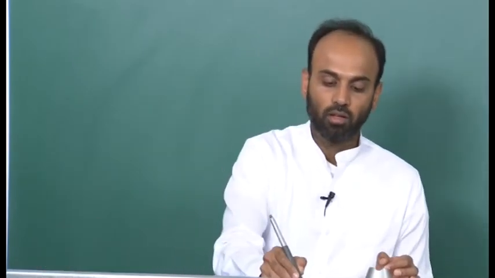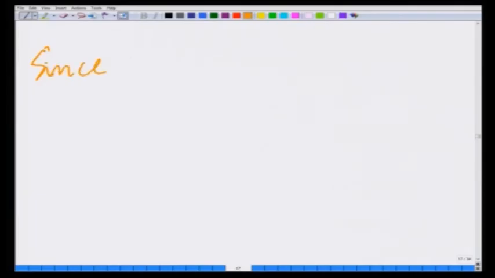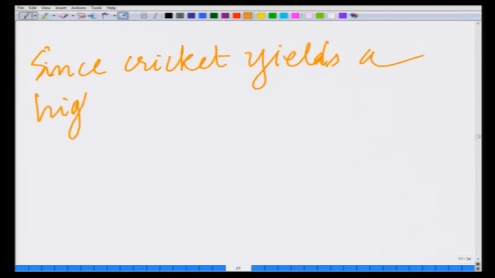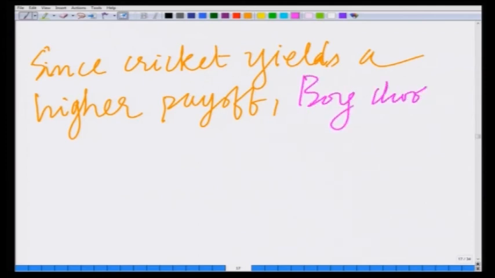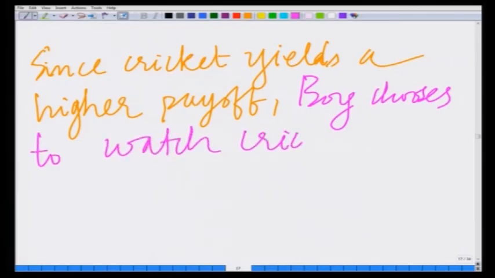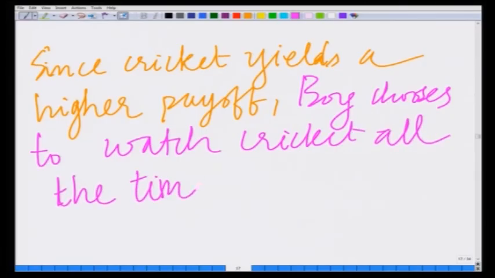So, since cricket is yielding a higher payoff, the boy chooses to watch cricket all the time, which implies best response P star is equal to 1, and 1 minus P star is equal to 0.